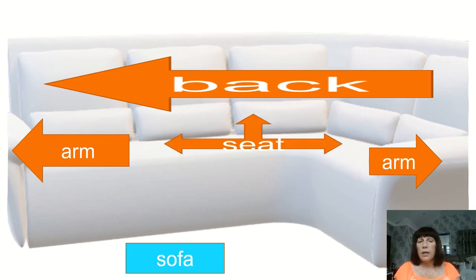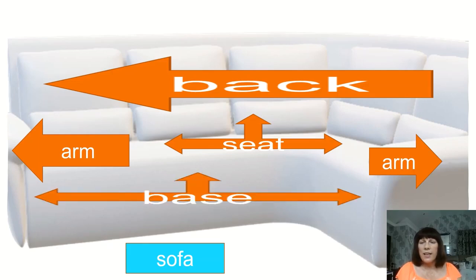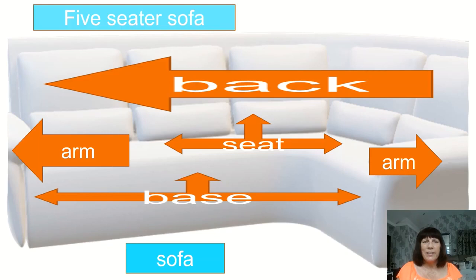The seat, and you can see for this one there are 5 seats and we have different sizes of sofas. So you might have a 3-seater, a 2-seater. Did you notice how my phrase changed there? I didn't say 2-seat sofa. I said seater. So we say 2-seater, 3-seater. And that's the base. 5-seater sofa here.